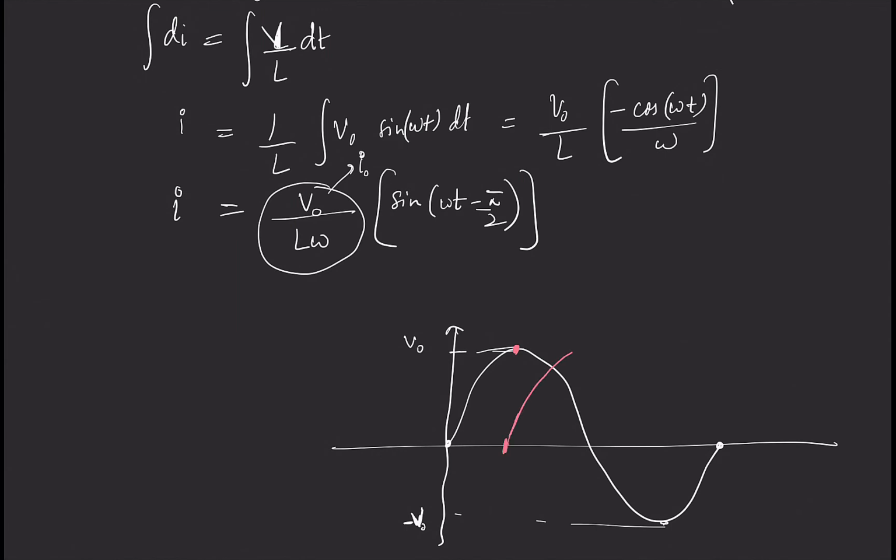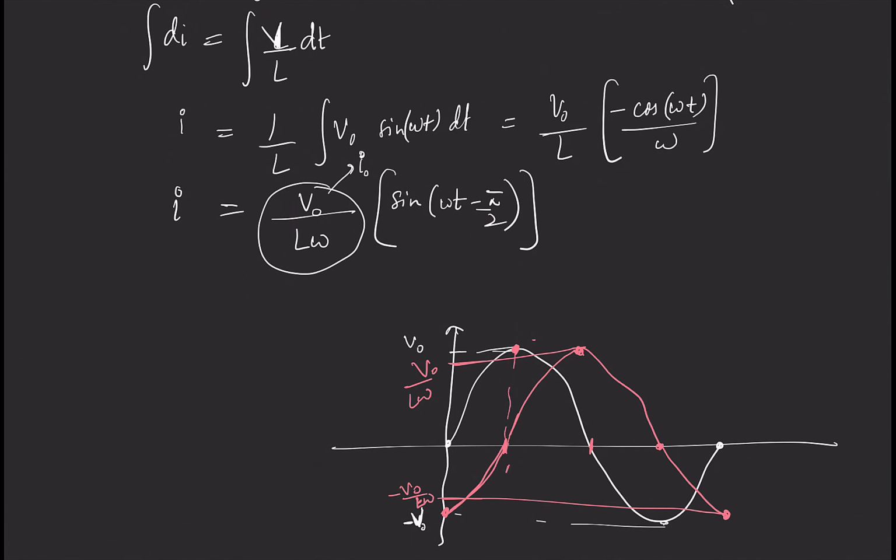So current's peak will come here, so current would go something like this. So this is the current graph. This should be a bit lower than the voltage graph, because this value is V naught by L omega, this is minus V naught by L omega. But the main thing is to observe the angle.